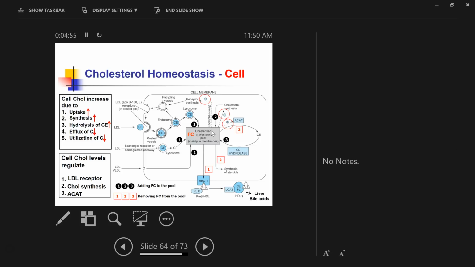The first double bond location: if it is at the omega-3 position, the fatty acid is called an omega-3 fatty acid; if the first double bond is at the omega-6 position, it's an omega-6 fatty acid, right? Omega-3 and omega-6 essential fatty acids are polyunsaturated fatty acids, with more than one double bond, so multiple double bonds.